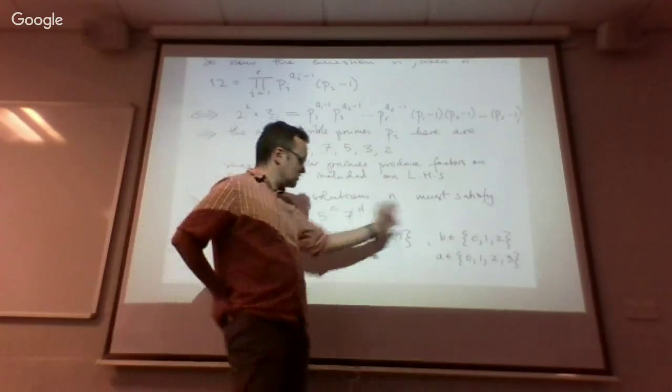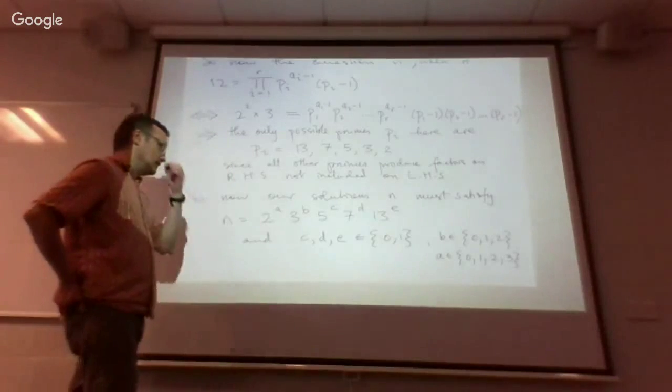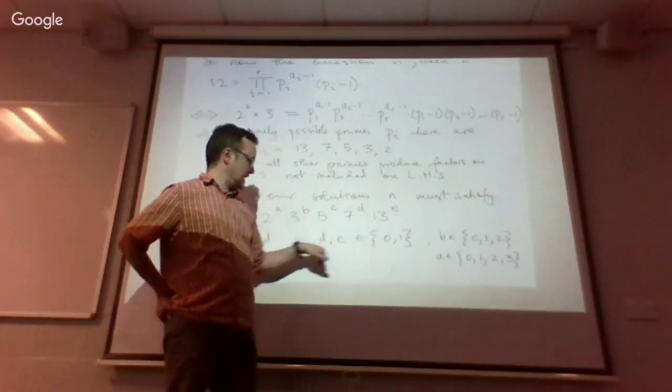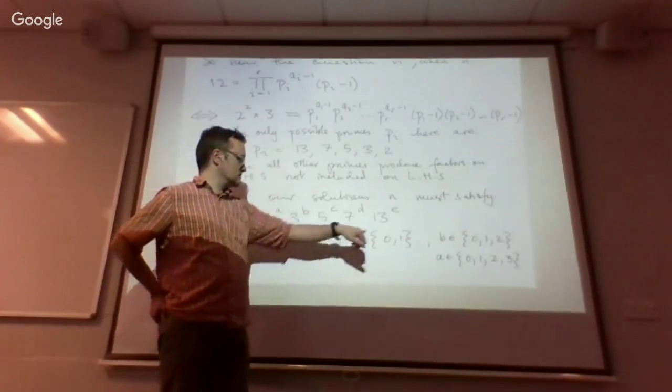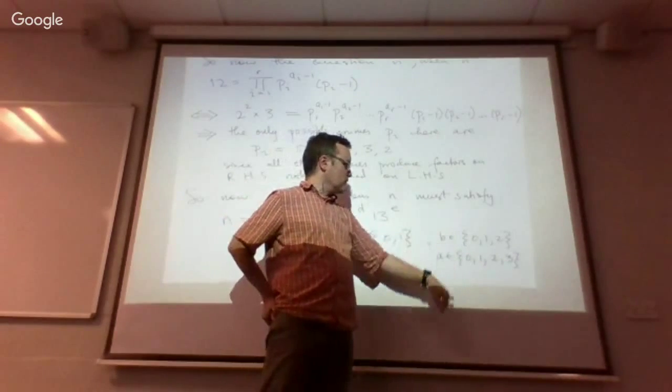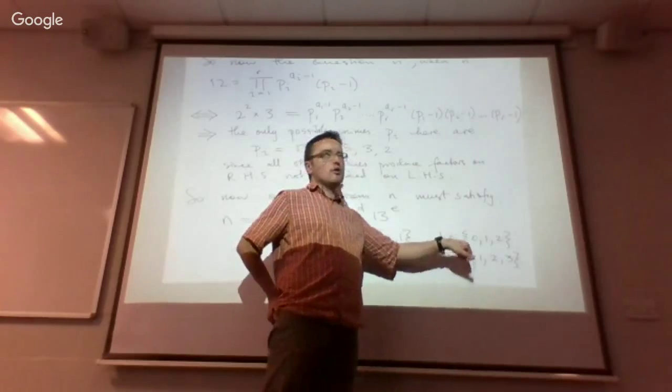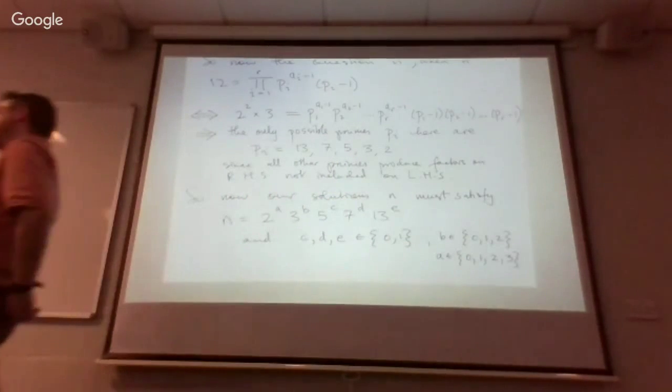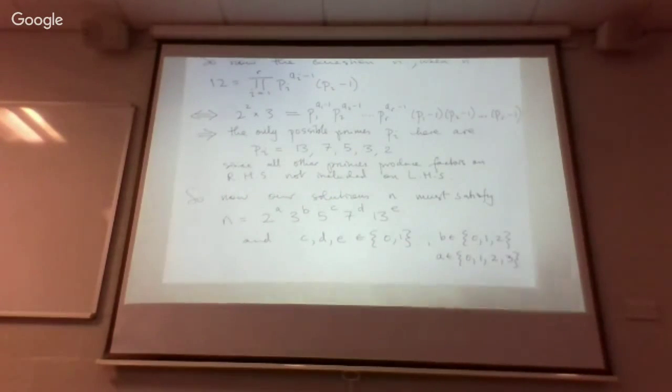Because if you took all the possible combinations there, there's 8 possibilities here, it's 2 to the power 3, by 3 possibilities here, so 24, by 4, so there's potentially 96 values of n covered here. Okay.